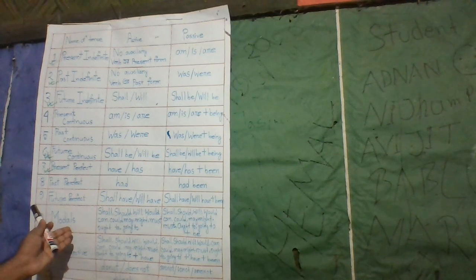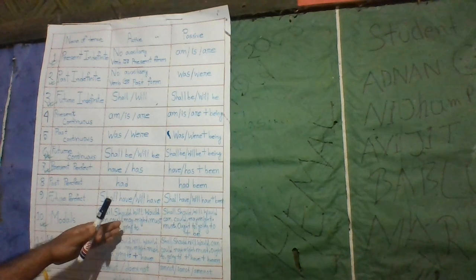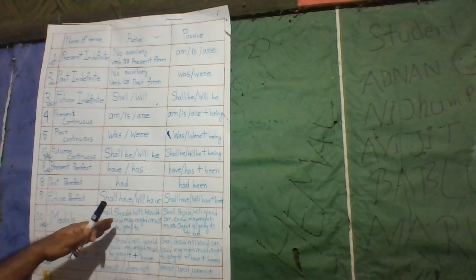Now number 10, modals. I think you know modals. There are modal auxiliaries in English grammar: shall, should, will, would, can, could, may, might, must, ought to. Going to is not a modal, but it is used like a modal.